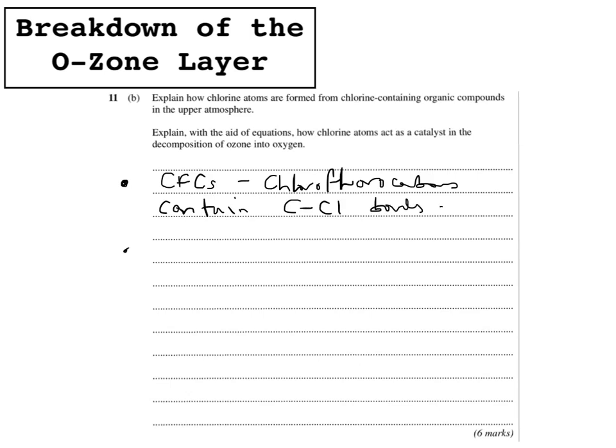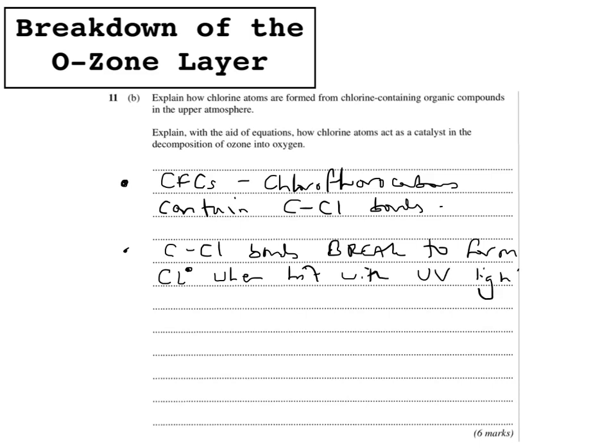The next mark is saying that C-Cl bonds break to form chlorine free radicals, Cl dot, when hit with UV light, and that's your third mark. So your first mark is here, talking about CFCs containing chlorine carbon bonds.